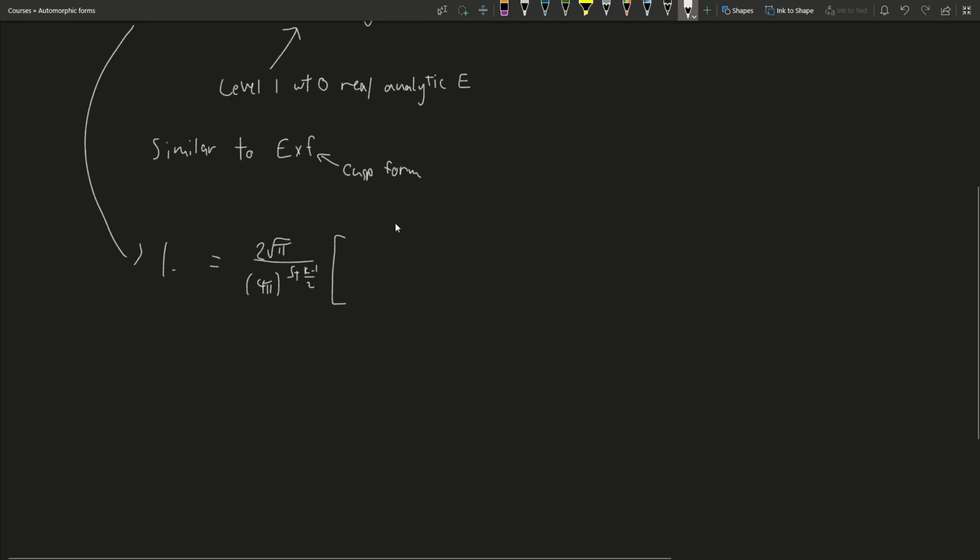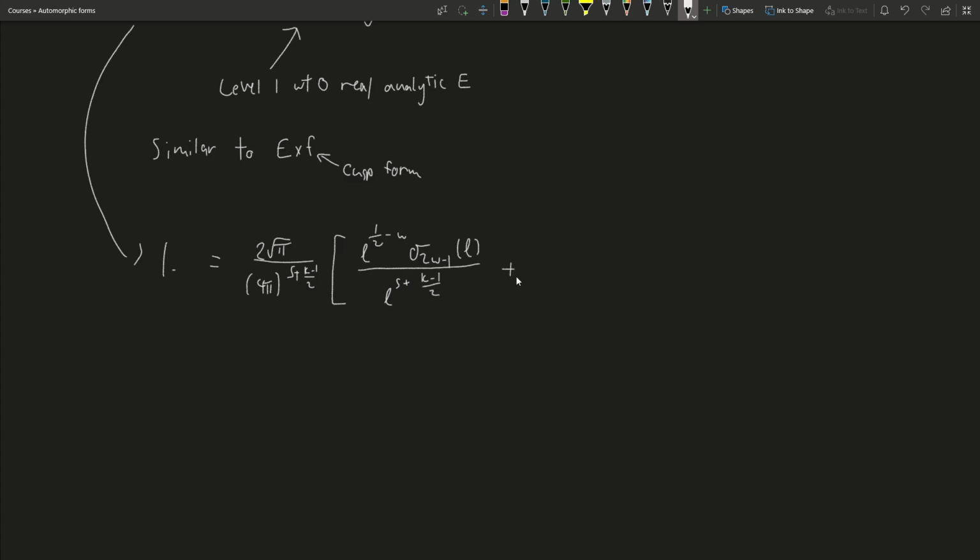So the constant term gives you this L^{1/2-w} sigma_{2w-1}(L) over L^{s+(k-1)/2}.